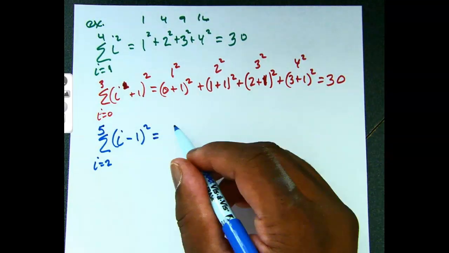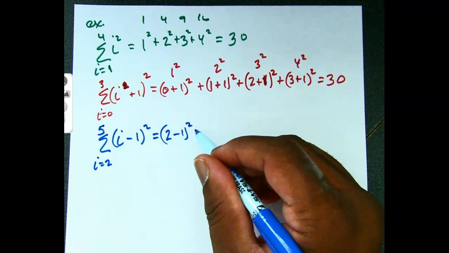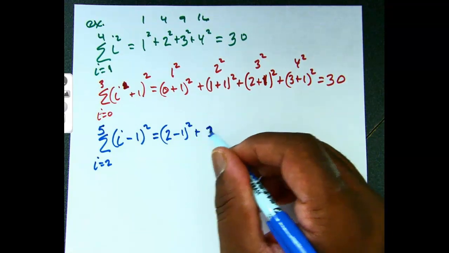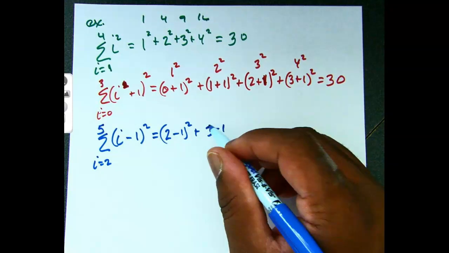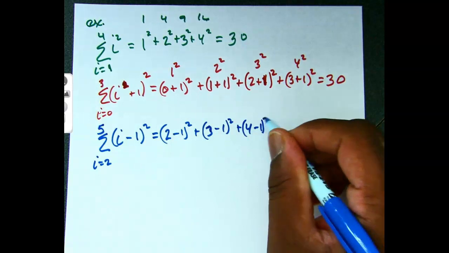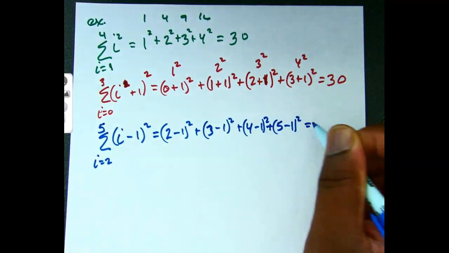So now this becomes 2 minus 1 squared plus 3 minus 1 squared plus 4 minus 1 squared plus 5 minus 1 squared.